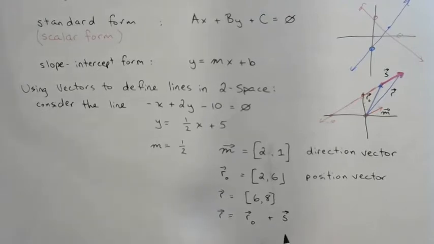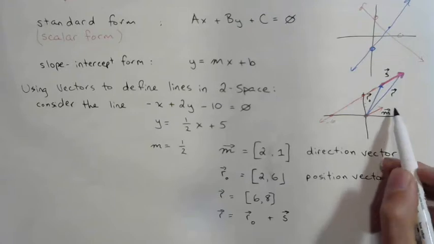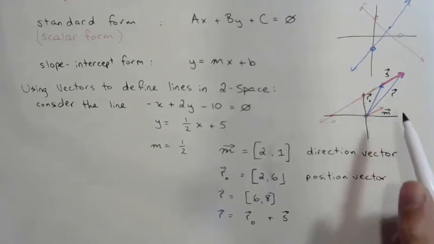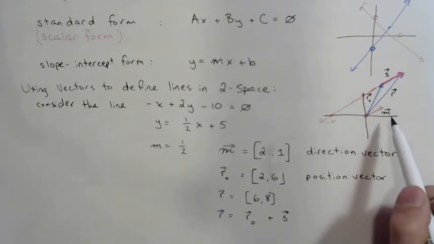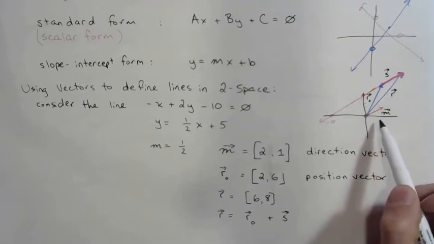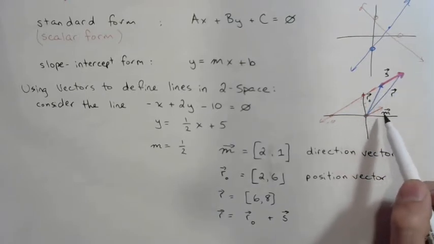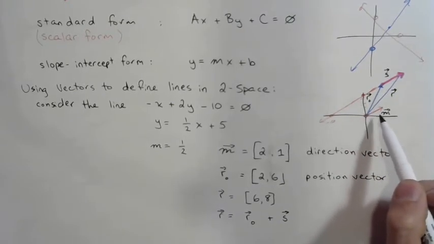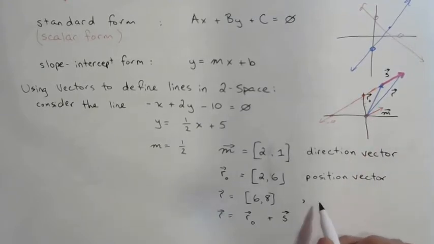Well, what else do we know? We know that vector s is parallel to vector m, which we've already learned then that vector s is a scalar multiple of vector m. It's either longer or shorter. It is some multiple of the vector m. Okay, so let's make a note of that here.